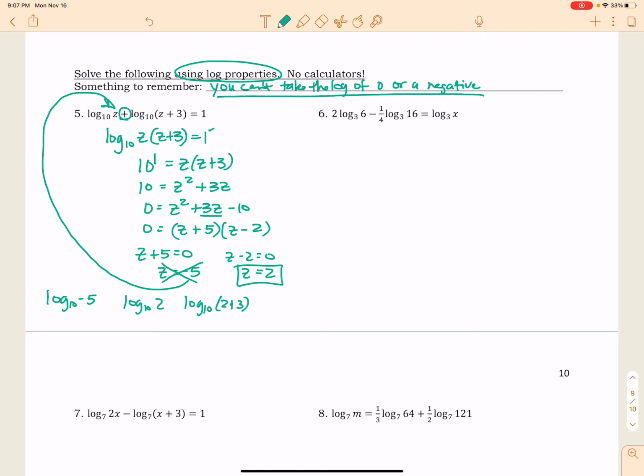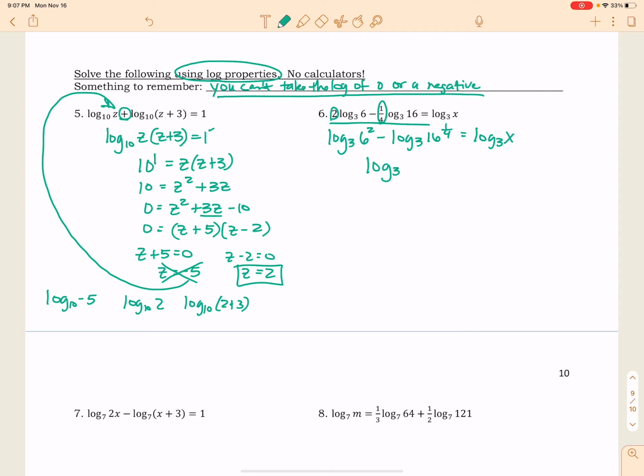Okay, I'm going to do the same thing on this problem. I'm going to use my properties to condense this side right here. I've got the 1/4 in the front and the 2, so I'm going to use the power property to bring those up into the exponential position. Then I'm going to use the quotient property to condense this again into one term.